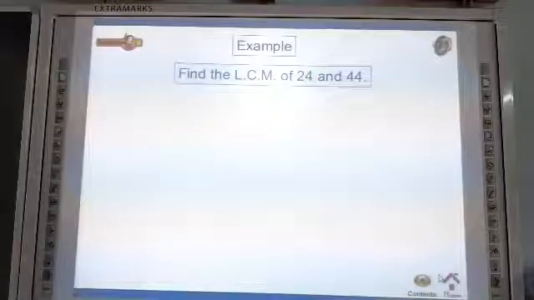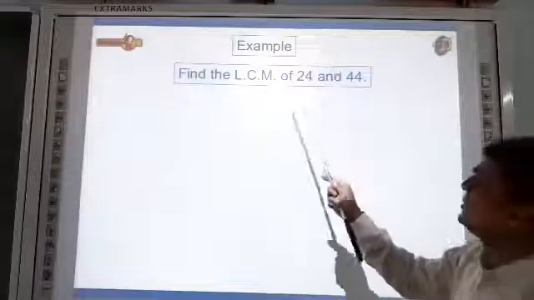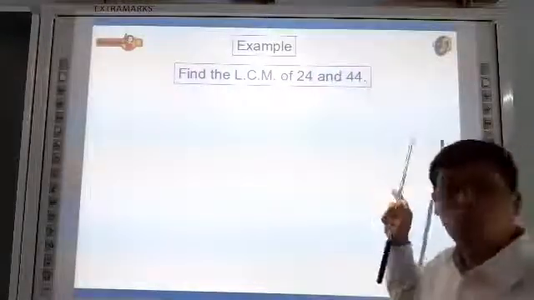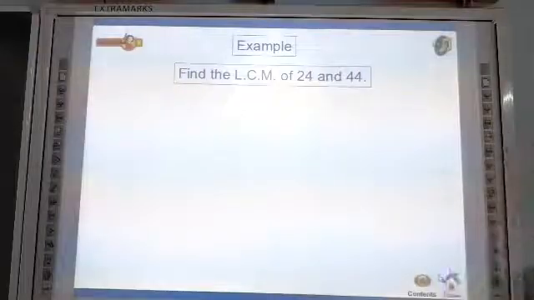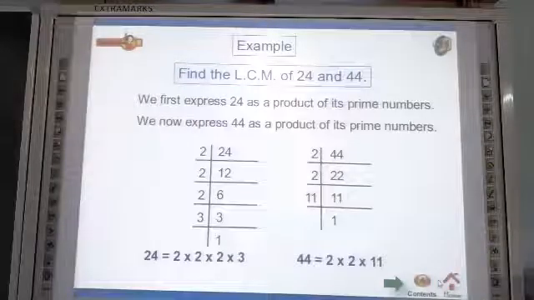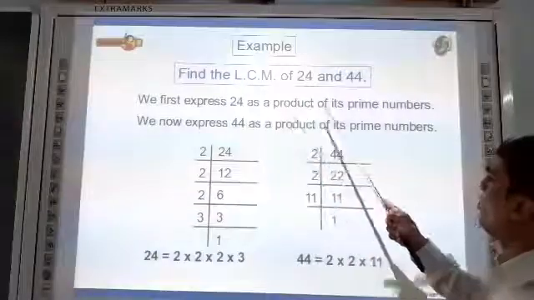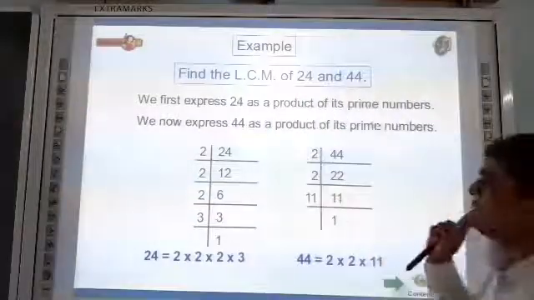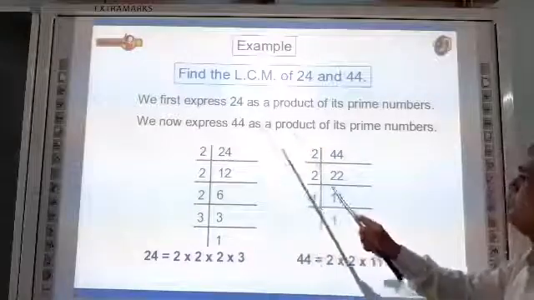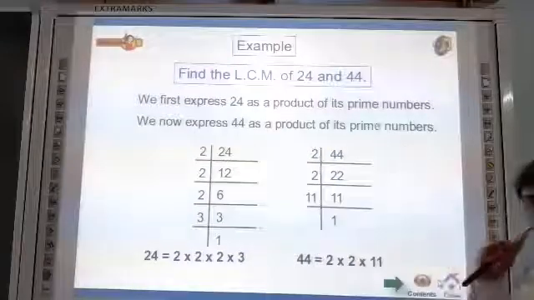Okay? For example, find the LCM of 24 and 44. We first express 24 as a product of its prime numbers. We now express 44 as a product of its prime numbers.